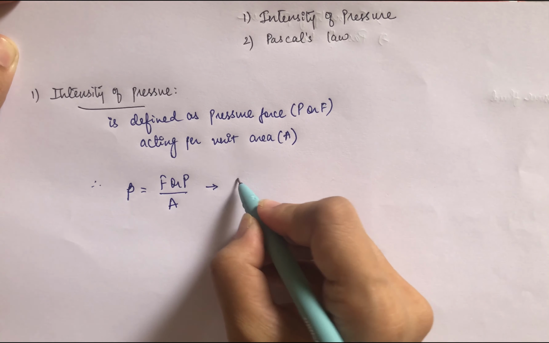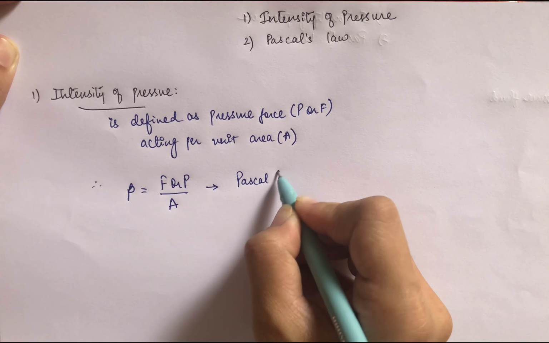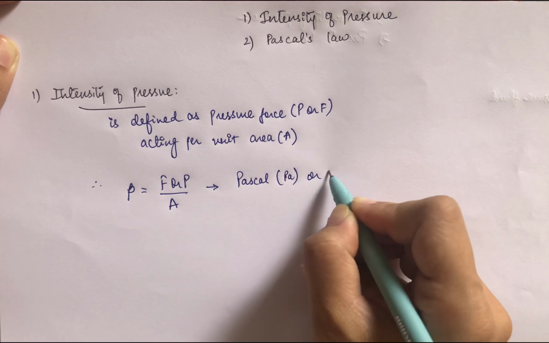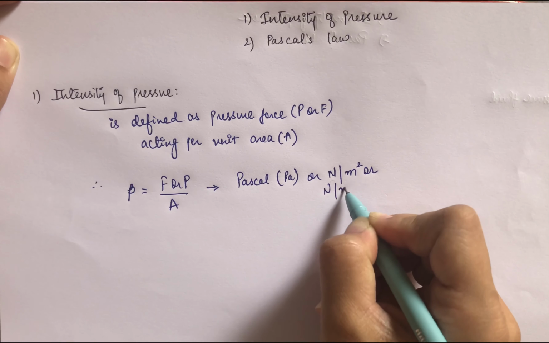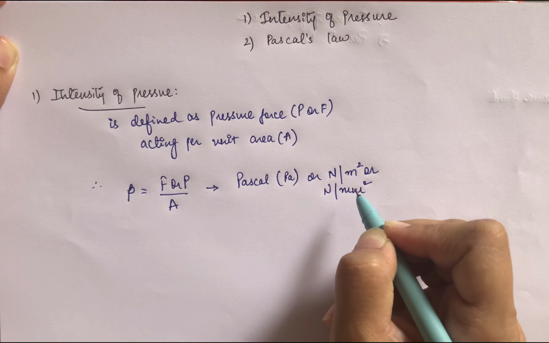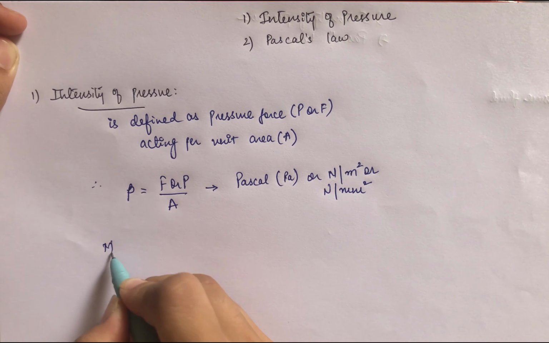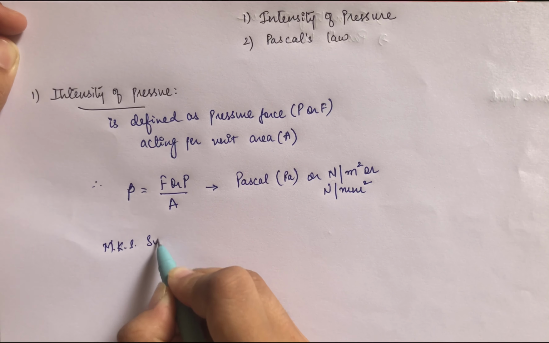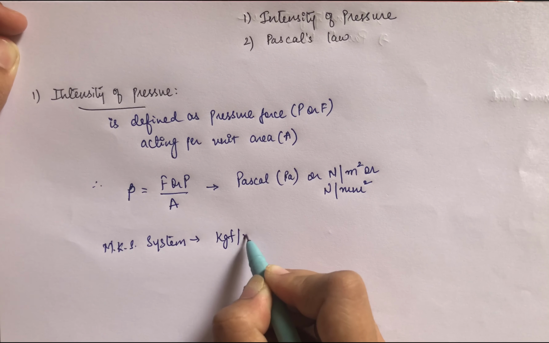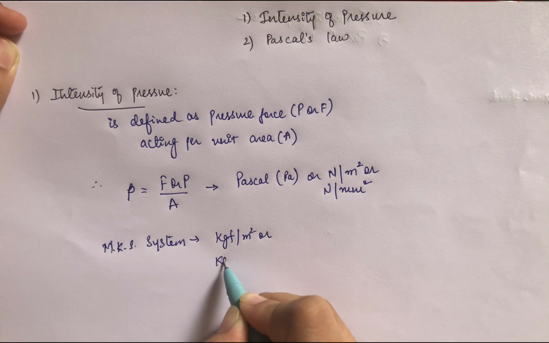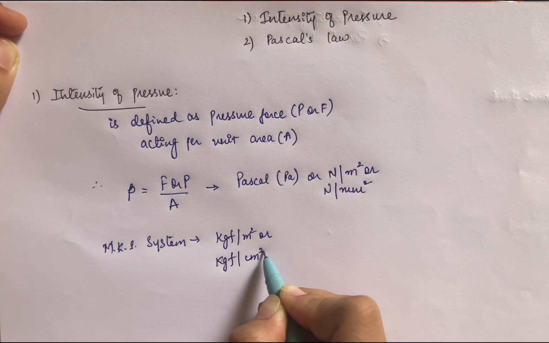The unit which is generally used is Pascal or Newton per meter square or Newton per mm square. If we talk about the MKS system of units, then its unit is kgf per meter square or kgf per centimeter square.